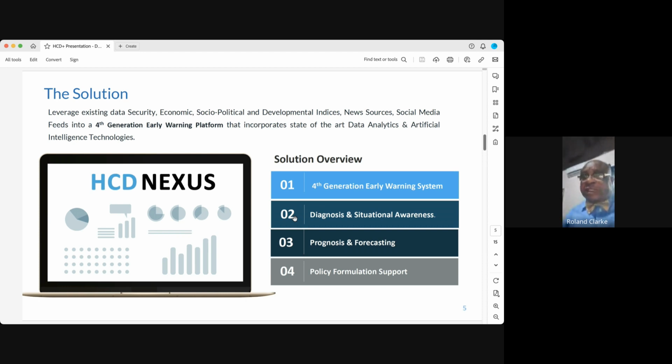So we want to look at the project objective, the HCD Plus vision for the integration of HCD driving data and indicators within existing structure, not in isolation. By existing structure I mean the early warning infrastructure.